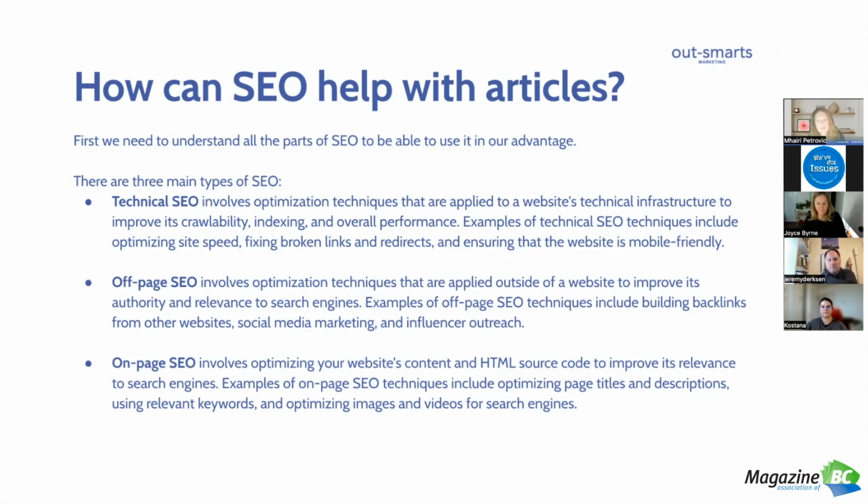And then the third one is things that you do on your own page, on your website, in your articles, to optimize them, to again make sure that Google sees them and acknowledges them and hopefully shows them in the search results. So I'm going to go a wee bit deeper into what each of these are, because they're very important and they all sort of feed together to help you to show better SEO results.